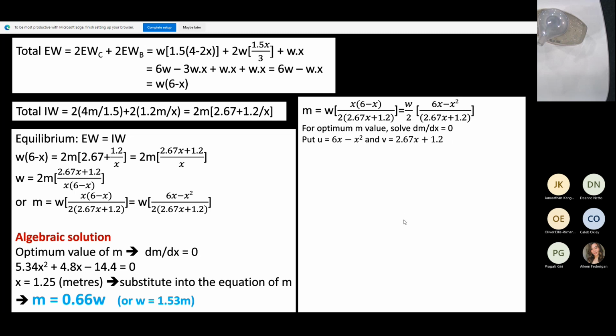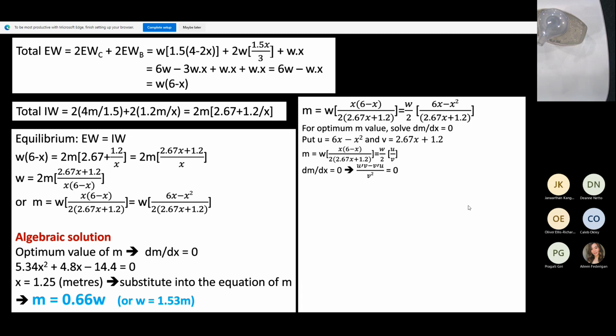So I've put u equals 6x minus x squared, and v, the denominator, 2.67x plus 1.2. So we have m equals w over 2 times u over v.